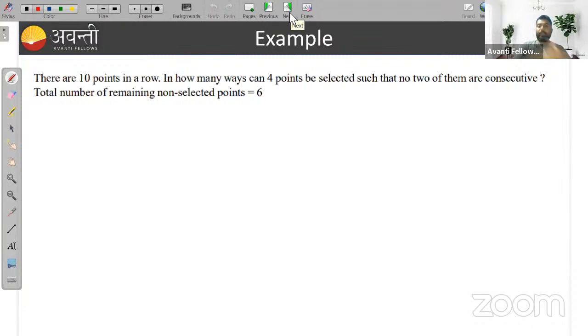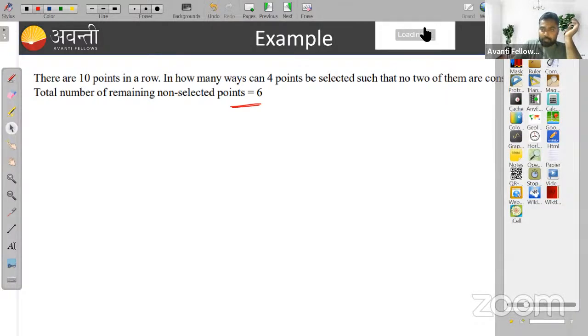One example here: there are 10 points in a row. In how many ways can 4 points be selected so that no 2 of them are consecutive? The total number of remaining non-selected points is 6. So what is the answer? I am giving you 1 minute for this question. Let me know in the chat box what is the answer.